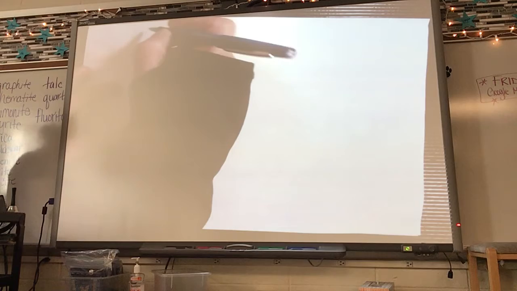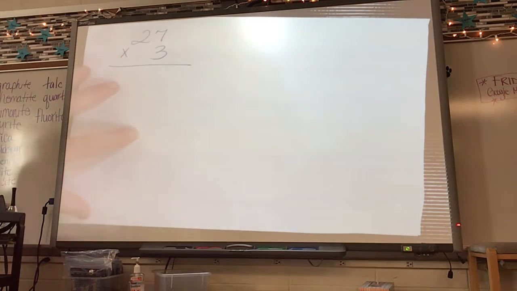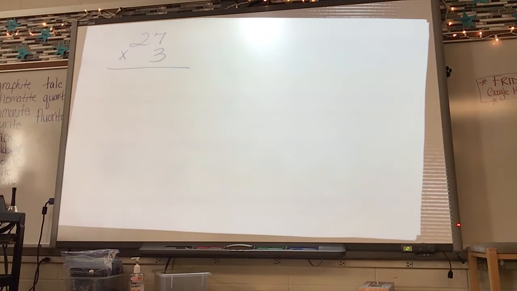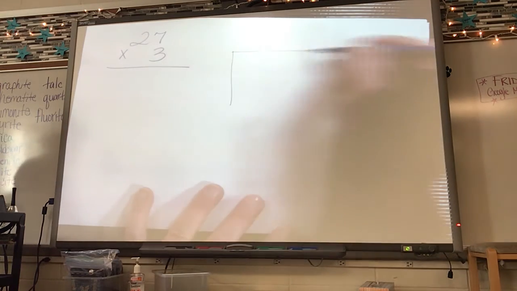The way that we do those is by, write this problem, 27 times 3. Don't write it huge and leave some space to draw. Over on the side, I want you to draw a rectangle.